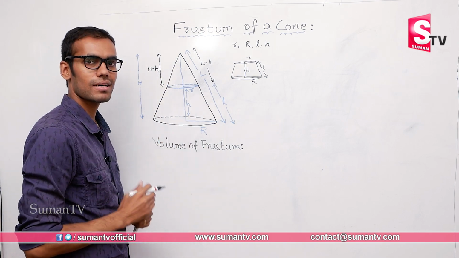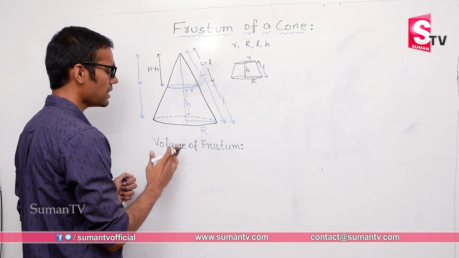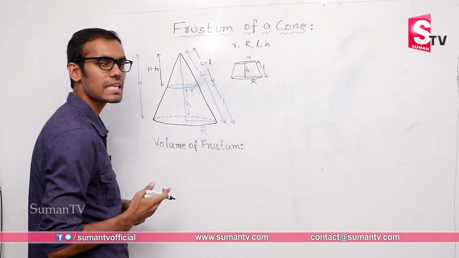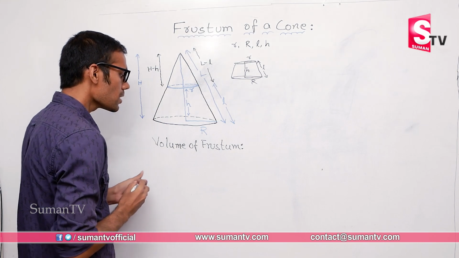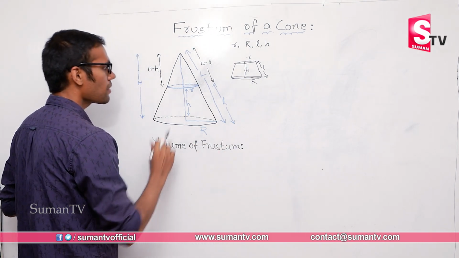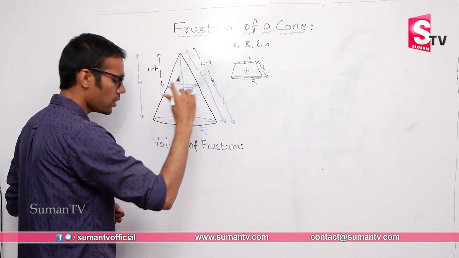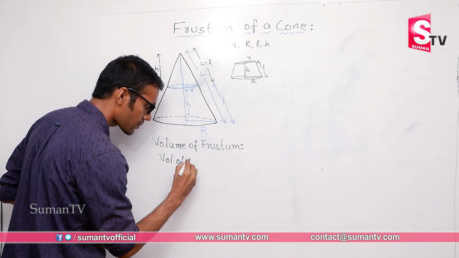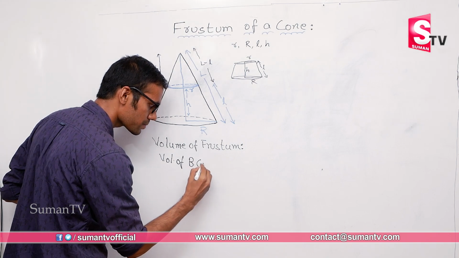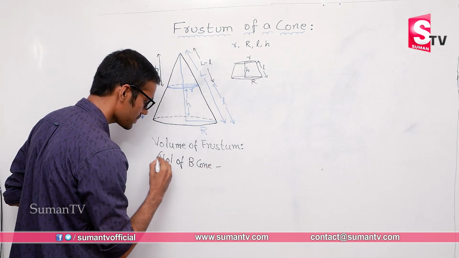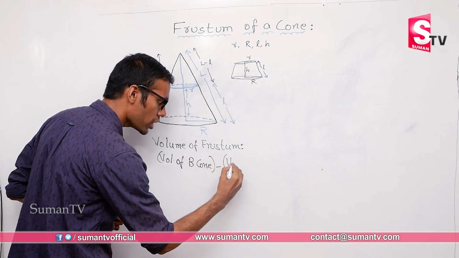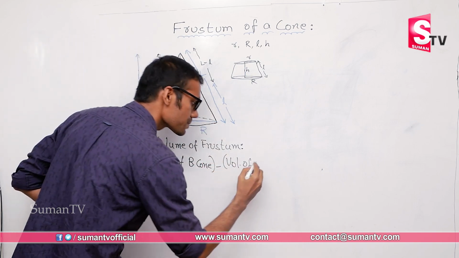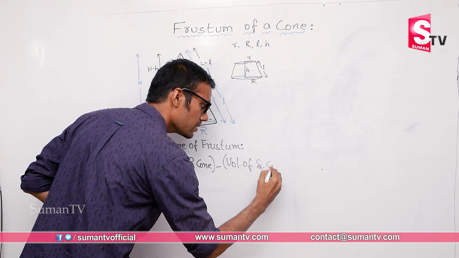Now we have all the necessary parameters, but we will try to eliminate capital H and capital L because that will not be given in the question. So the volume of the frustum will be nothing but the volume of the bigger cone minus the volume of the smaller cone.